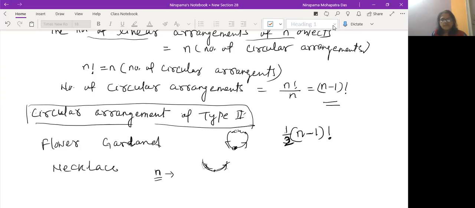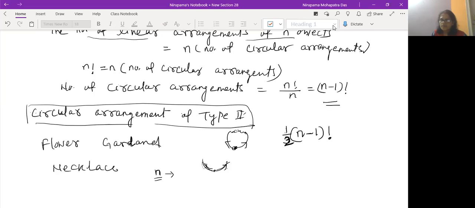Okay, so let's discuss some questions based on this. We have considered two types of circular arrangements. In the first case, we discussed n people sitting around a round table, and the number of circular arrangements is factorial n minus 1. In the second case, we studied making a flower garland or a necklace out of beads or diamonds.